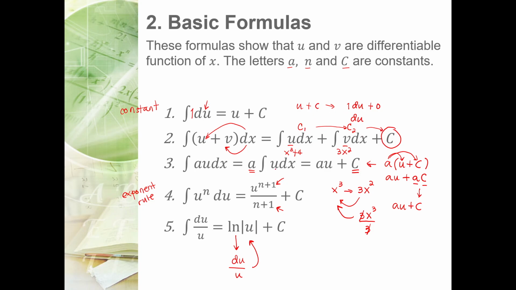Take note that in your exponent rule, n must not be equal to negative 1, because if n is equal to negative 1, the resulting equation would be undefined. It becomes u to the power of 0 all over 0. The numerator becomes 1 because any number raised to the power of 0 is 1, divided by 0, and any number divided by 0 is undefined.